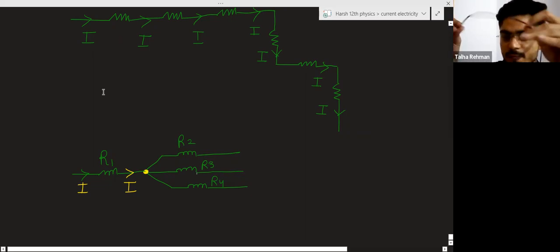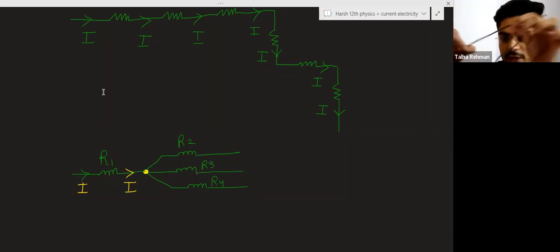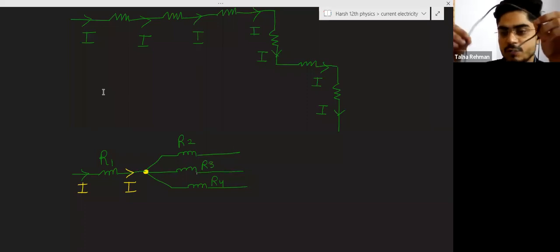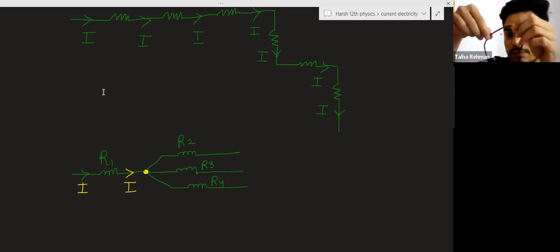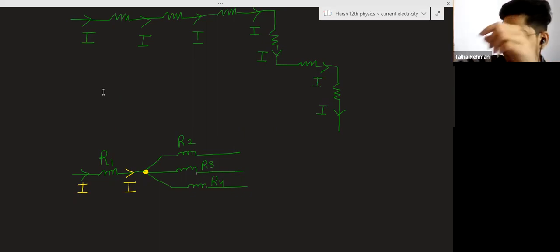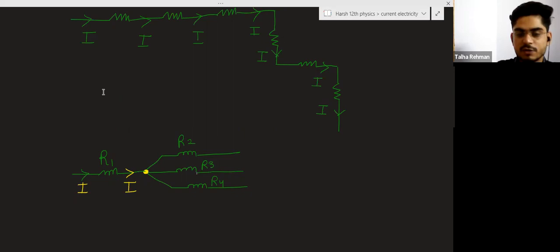I am just giving the example. This is the wire, and in this wire, from here to here, the current will remain same. If you bend this wire like this, then also the current will be same. Whenever you make the branches of this wire, means connect this wire with some another wire, then the current divides accordingly.